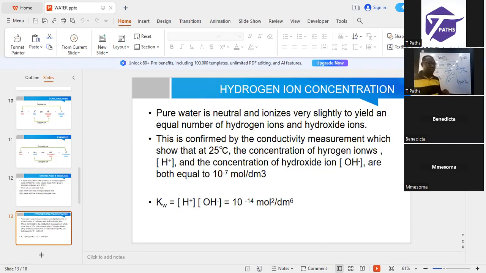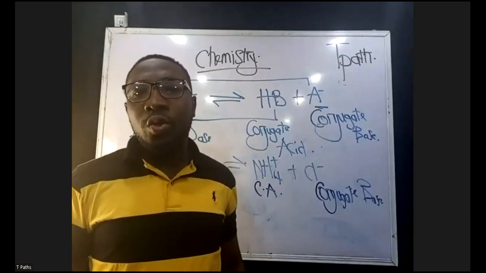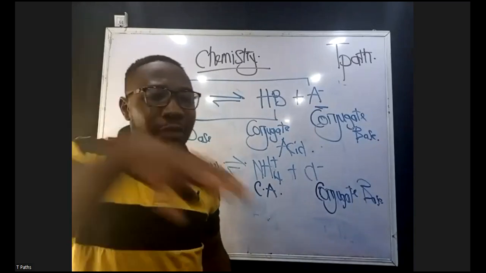This is where it looks dicey, because, fine, we form H plus ion and OH minus ion, but the problem is that we don't know the amount of the ions present. If you take a conductivity meter to measure the electrical conductivity of water, you observe clearly that we derive a constant.